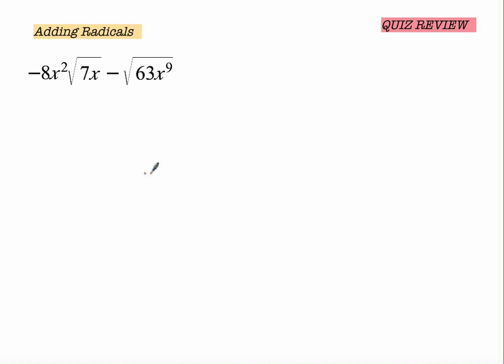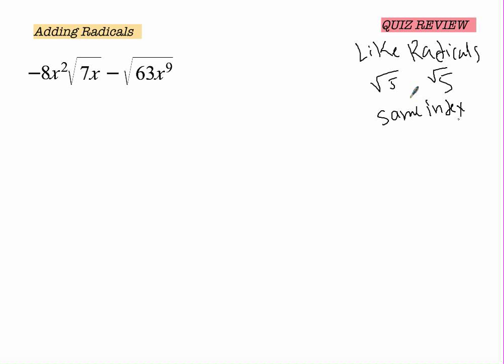All right, so we know that we can add and subtract if we have like radicals. That means if we have something like the square root of 5 and the square root of 5, they both have the same index of 2.